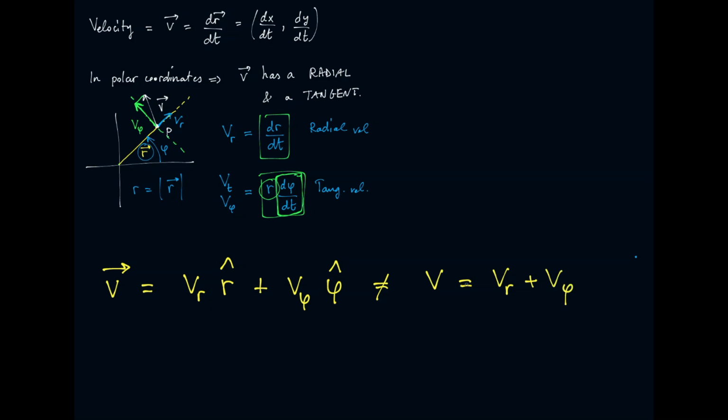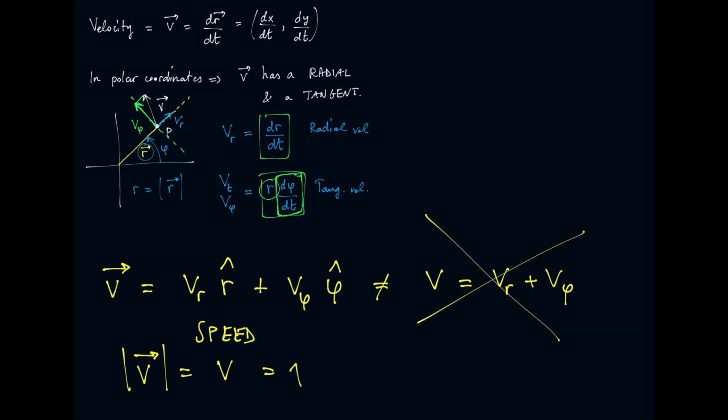This is very, very wrong. You probably have the intuition that instead, as usual, it's Pythagoras that tells us what the speed is. So the magnitude of v, aka the speed, is the root of v_r squared, the radial velocity, plus the tangential velocity squared. Okay.